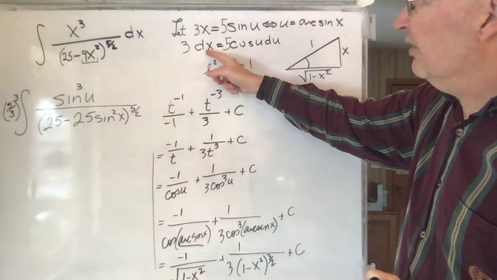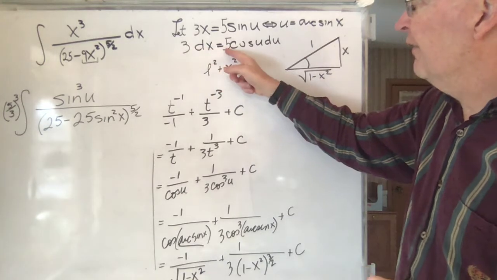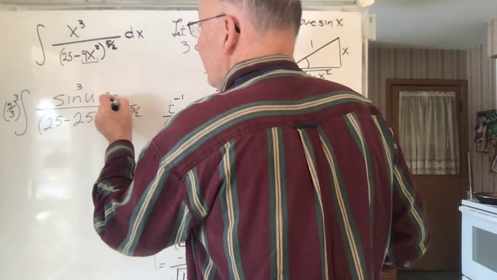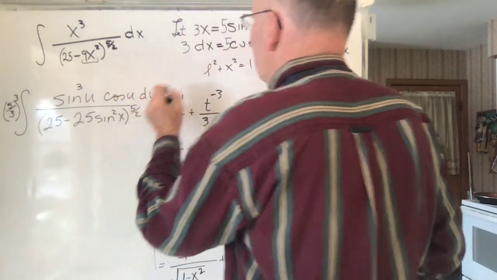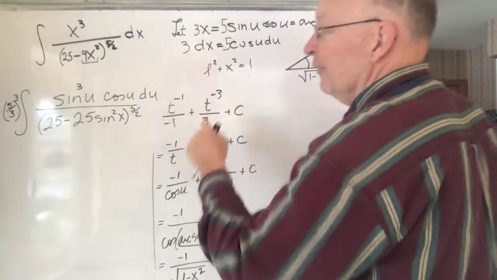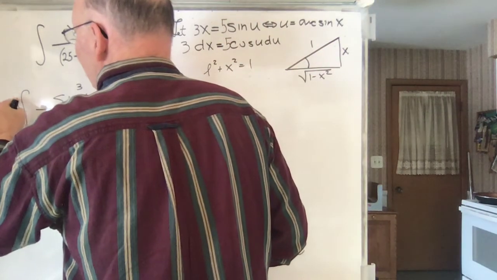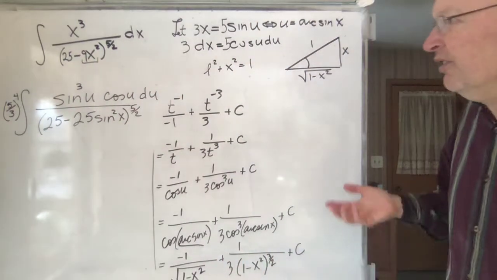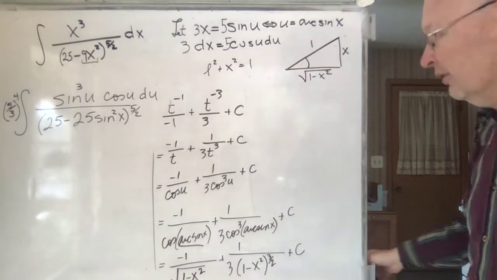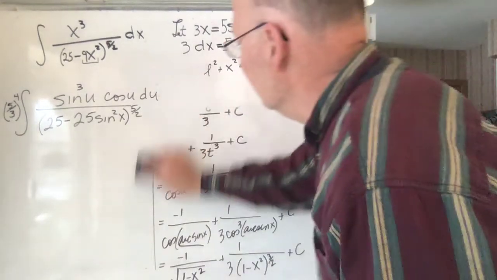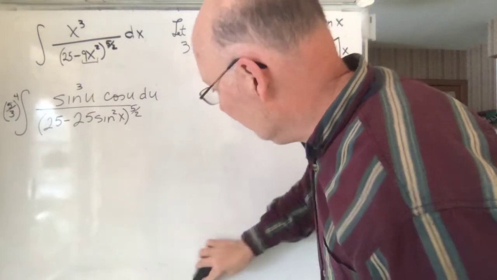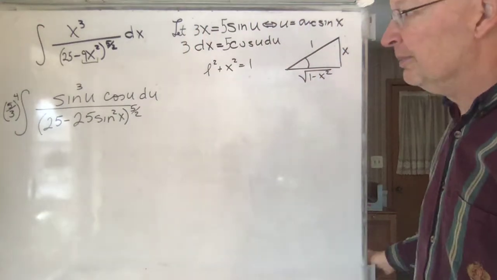Notice that dx is going to be what? 5/3 cosine u du. So here's your cosine of u du. The 5/3 is going to come out front again, so this 5/3 to the third becomes 5/3 to the fourth. Okay, it's not hard, it's just numbers. If you just know how to multiply numbers, don't let it scare you. All you're doing is just having some numbers attached, but integrals don't care about numbers at all.